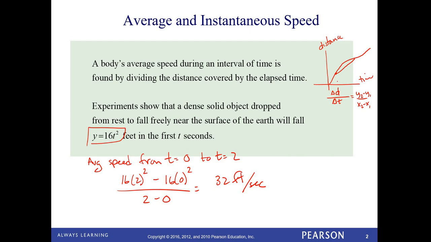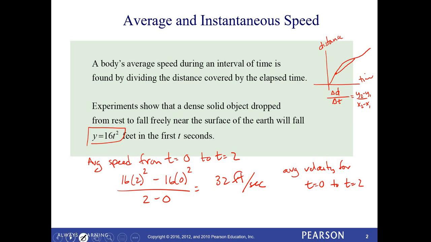So in the first 2 seconds, this object drops at a rate of 32 feet per second on average. So this is my average velocity for t equals 0 to t equals 2.